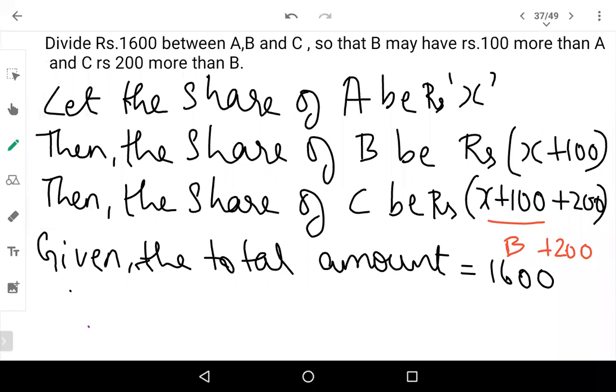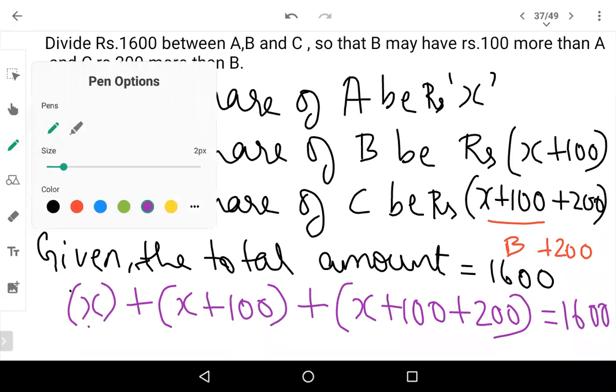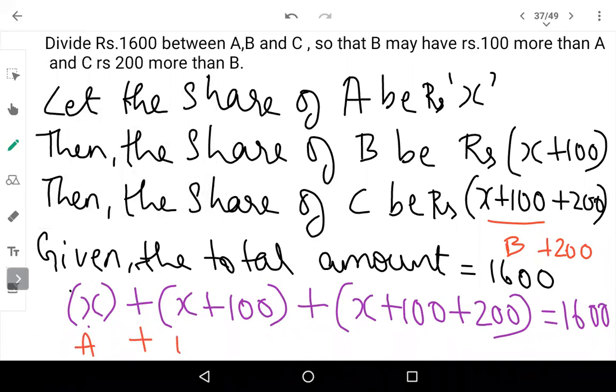Total amount means A plus B plus C. So A plus B plus C is equal to 1600. Understood? So this will be our equation. This is A share, this is B share, this is C share. All the three together is equal to 1600.